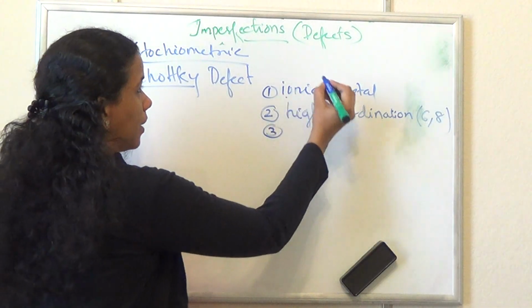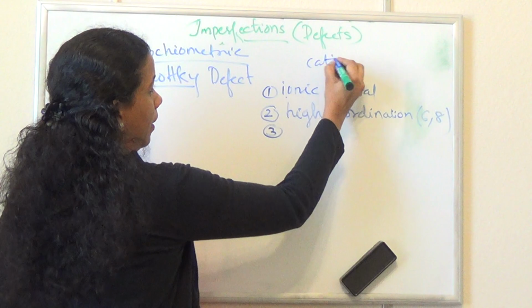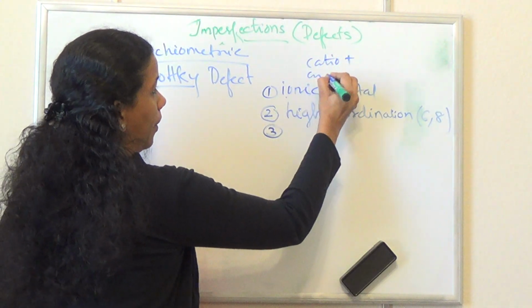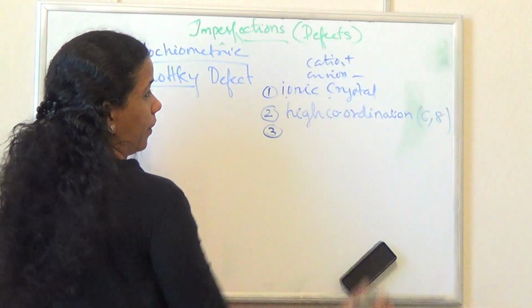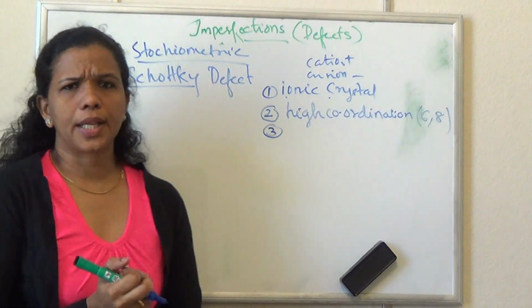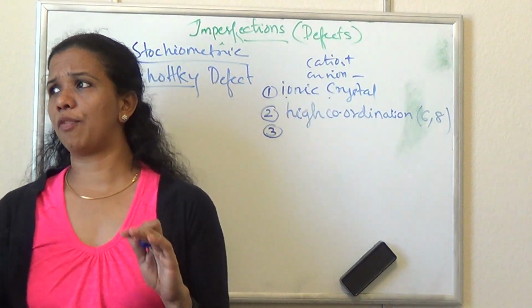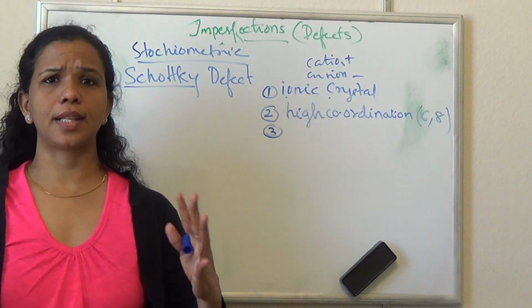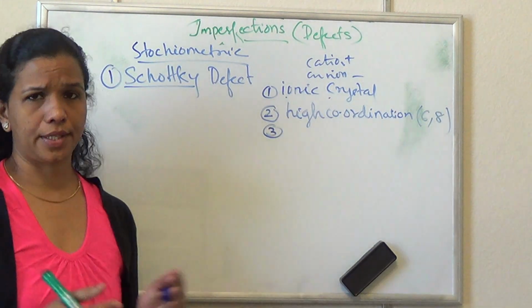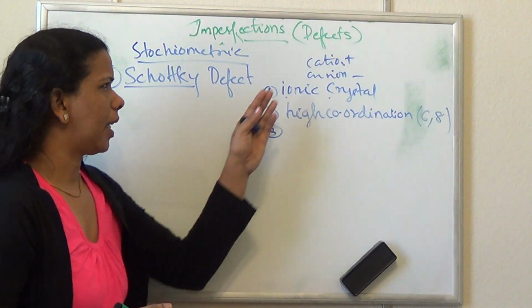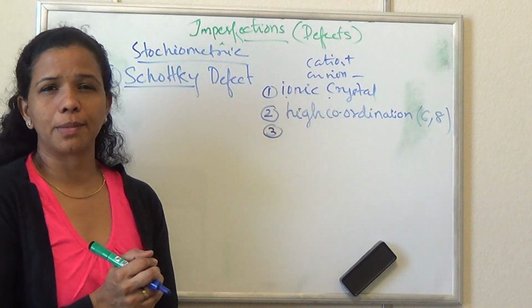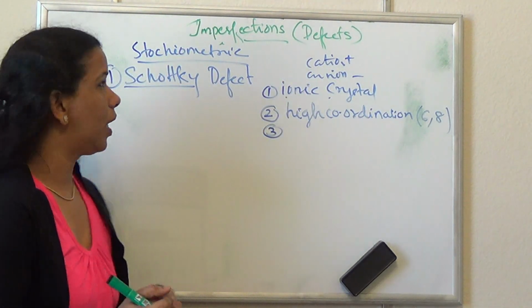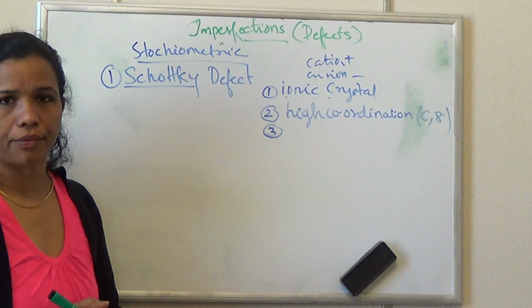Then the third condition. It's an ionic crystal, so there is a cation, positive charge ion, and an anion, negative charge ion. In most cases, anions are formed by accepting electrons from other atoms, so their size is slightly higher than cations. If there is not much difference between the sizes, then only they will show Schottky defect.